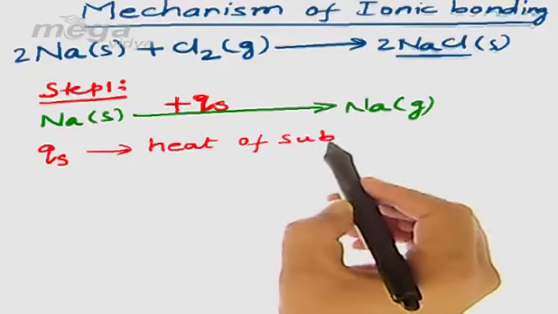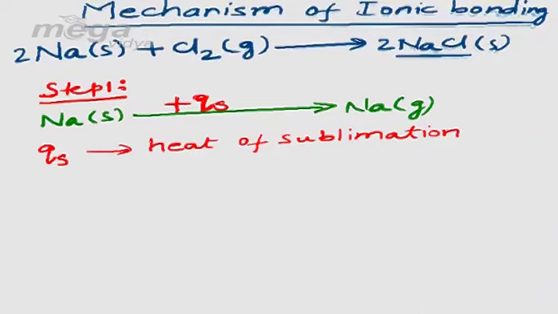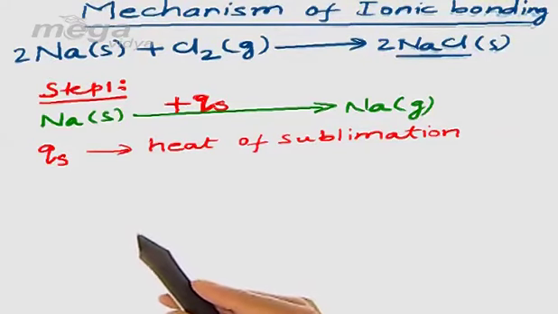So in the very first step, solid sodium will absorb energy, that is the heat of sublimation, and will convert into gaseous sodium. Now I would like to introduce a new word. Sublimation is a word which is used frequently for the phase transition from solid to gas.